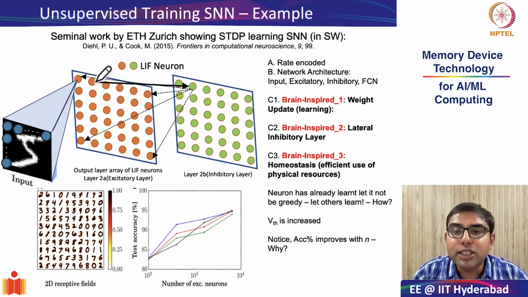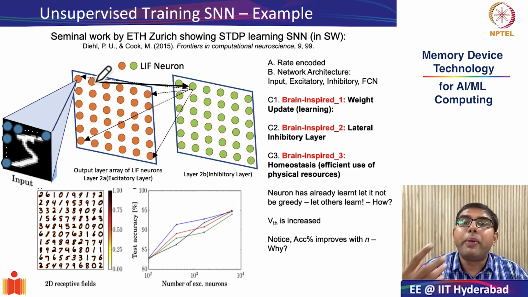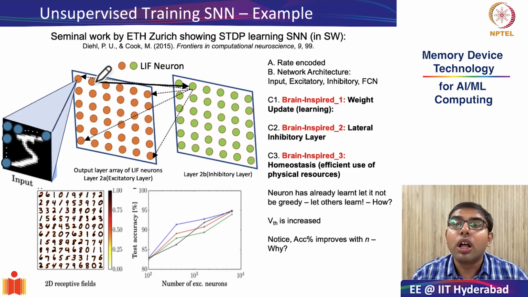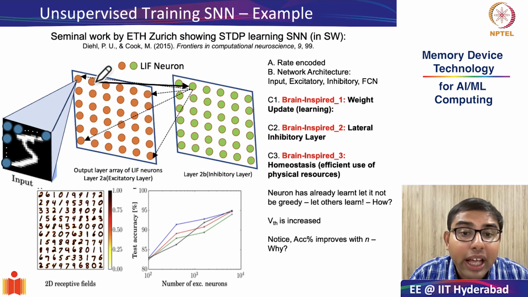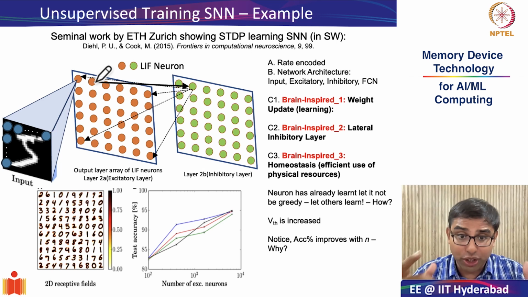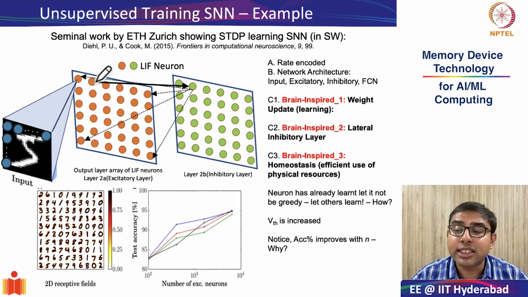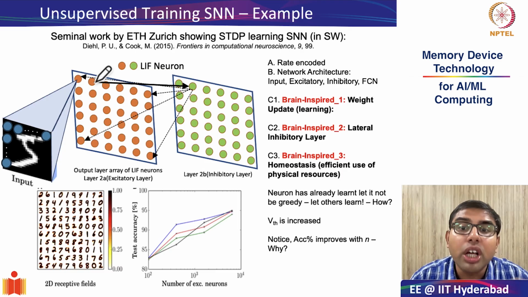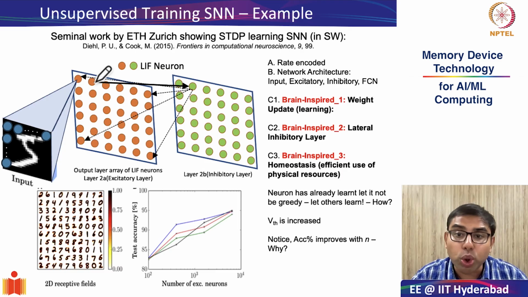And with the same principle, the third brain-inspired principle used in this network is homeostasis, but in a different fashion. And you will see how this homeostasis ensures very efficient use of physical resources.